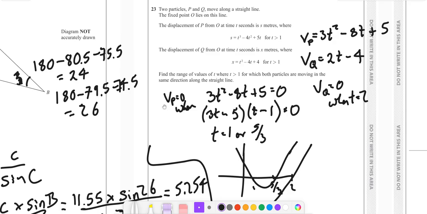So after 2 they're both positive, and in fact between 1 and 5 over 3, they're both moving in the negative direction. So t bigger than 2, they're both moving in the same direction.